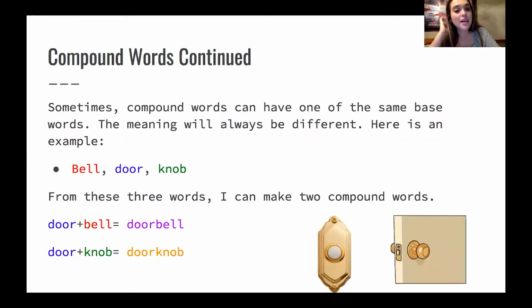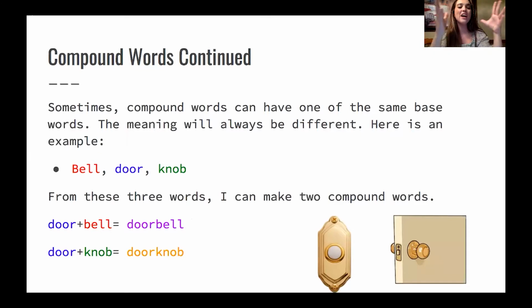All right, so sometimes compound words can have one of the same base words and then have a different second word, and then the meaning will always be different. So if that was confusing to you, I know it's hard to say it because you just keep saying word, word, word a lot.